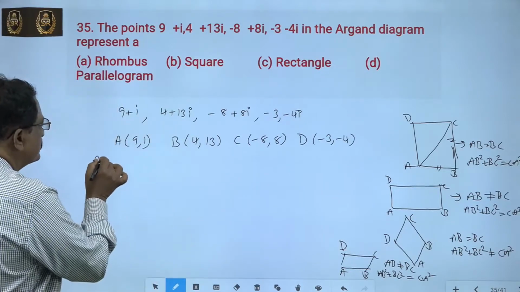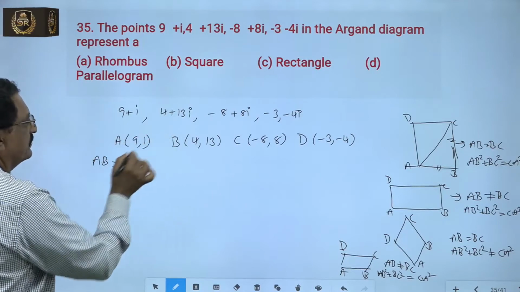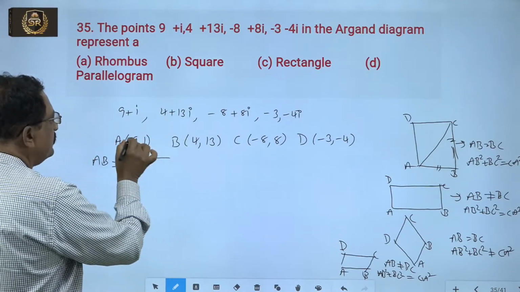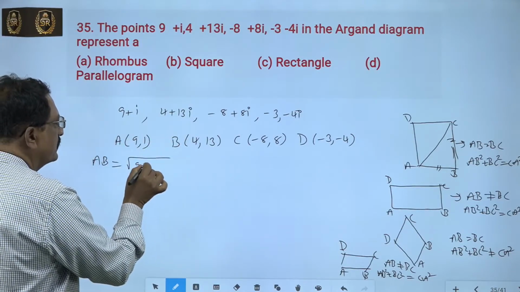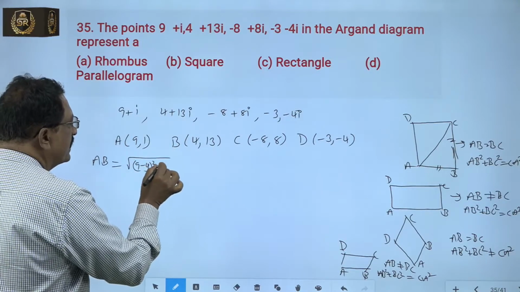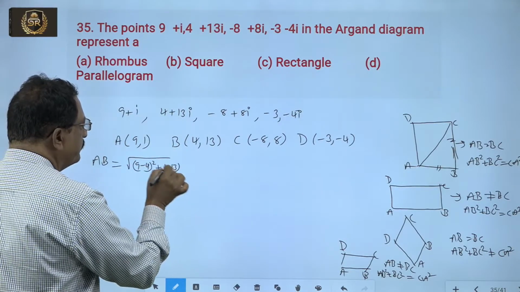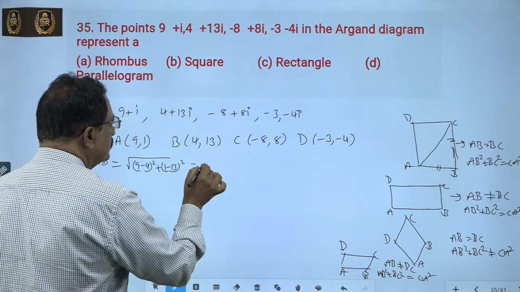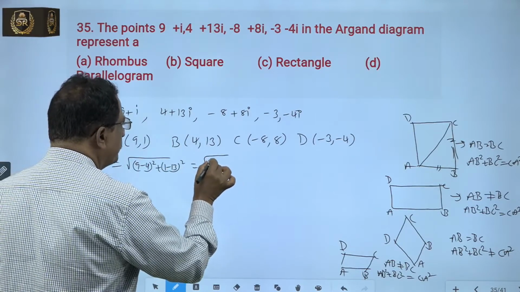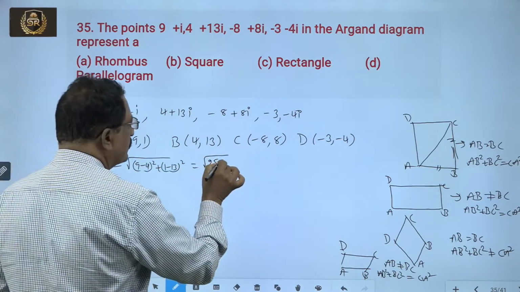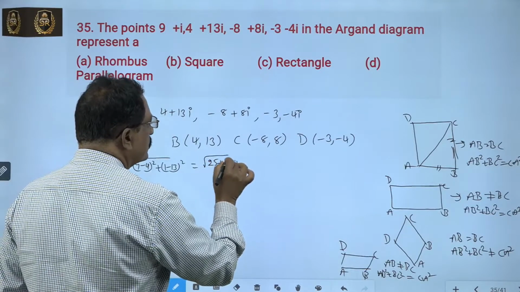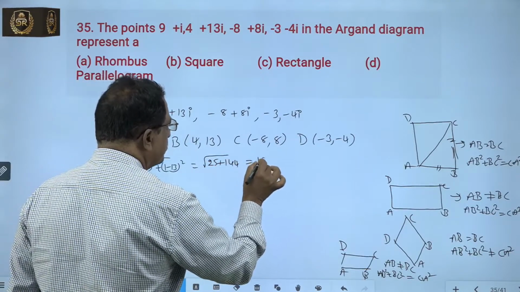Now AB equals distance between 2 points, square root of 9 minus 4 whole square plus 1 minus 13 whole square, that equals root of 25 plus 144, root 169 or 13.